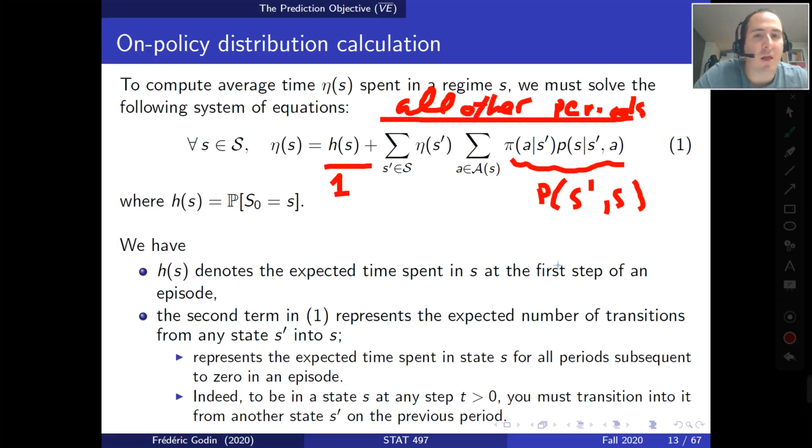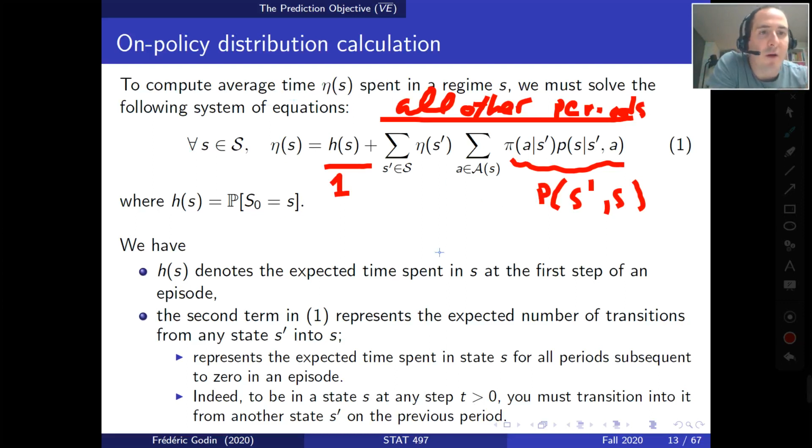Well, for all other periods, if you're in a state S at some point, it's because you were in some other state in the previous period and you transitioned into state S from your prior state. Here your prior state is S prime. So the average time spent in state S is the average time where you were in some other states, and from these other states you transitioned into S. This is what the formula expresses.